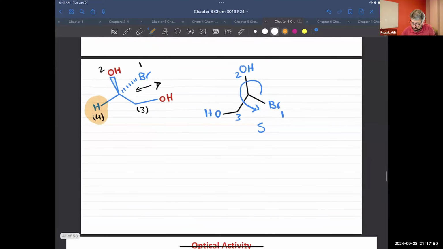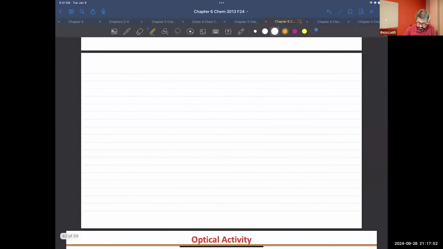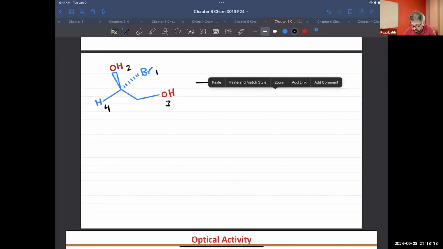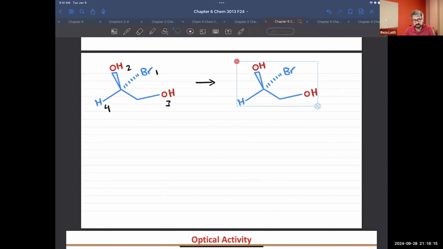Another way to go after it: say I have a hard time visualizing the molecule. That's fine. Why don't you assign the priority 1, 2, 3, and 4? Then change the position of hydrogen with any substituent that is in the back of the molecule.